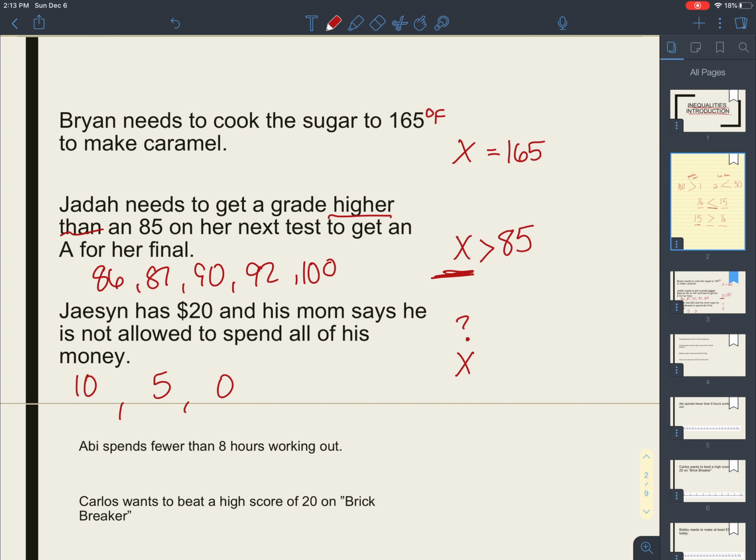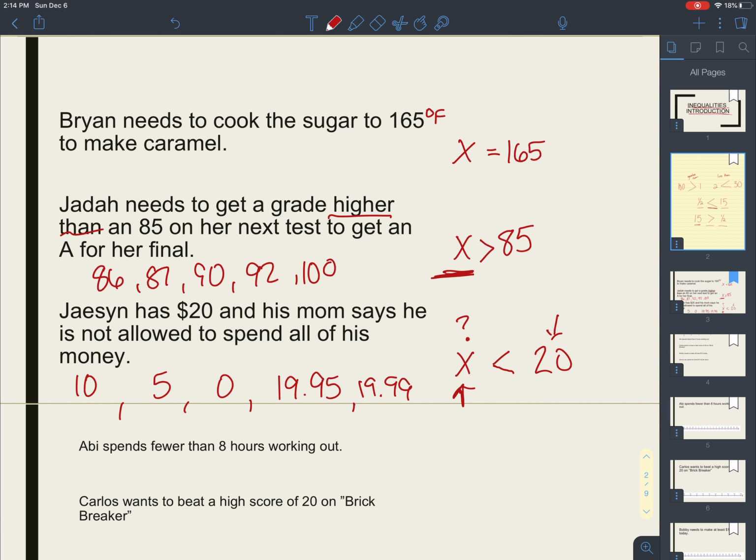He could spend $19.95, all the way up until $19.99. As long as he doesn't spend all $20, his mom is happy. So our number compared to $20 has to be smaller, which means the symbol is facing away from the x. That means 20 has to be bigger than whatever Jason spends.